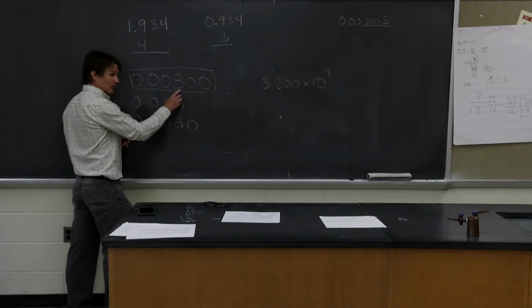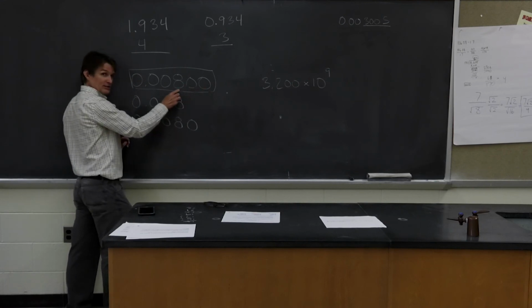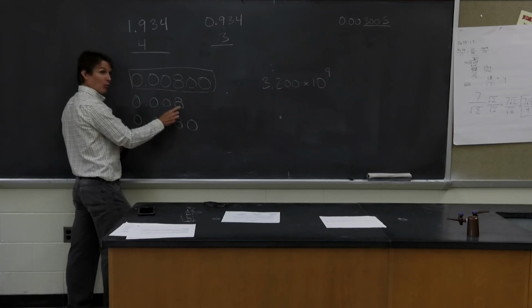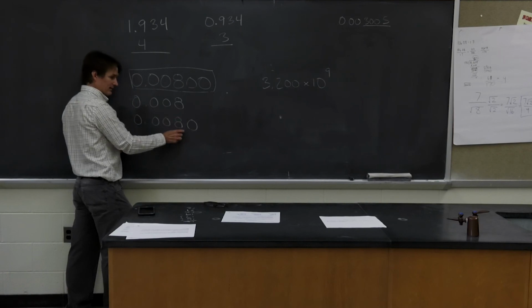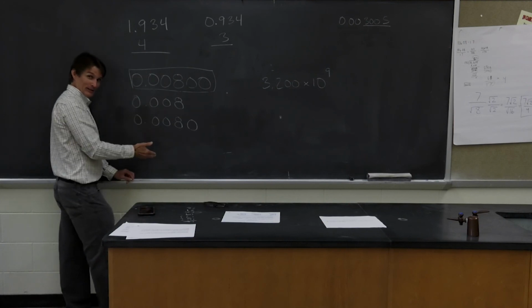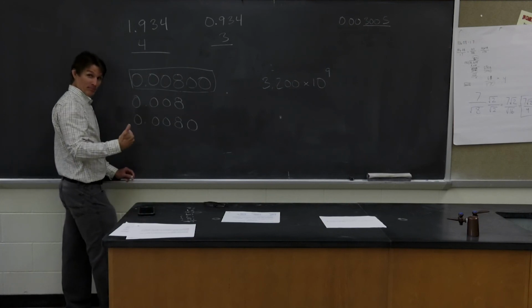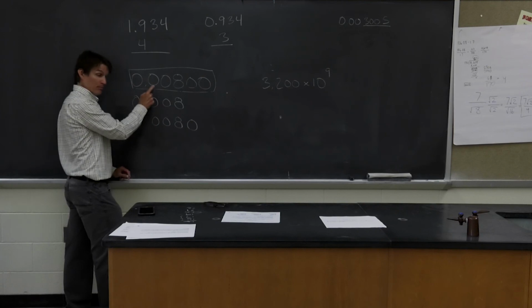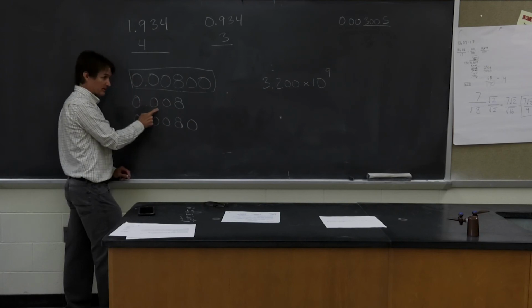So this number would have 3 significant digits. This number would have 1 significant digit. And this number would have 2 significant digits. In each case, they all represent the same number, but they represent measurements of different precision. This is a much more precise measurement than this one.